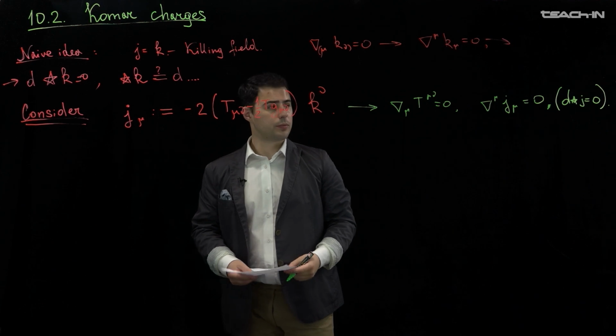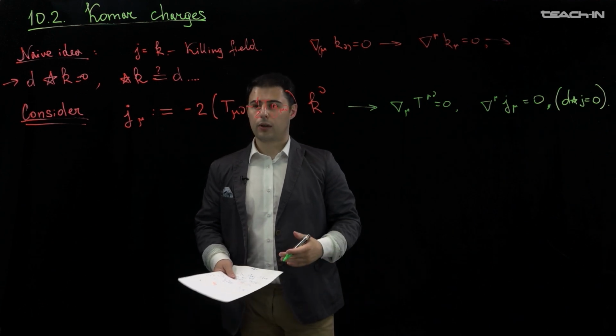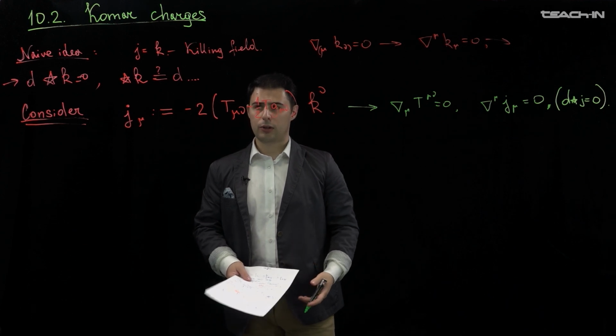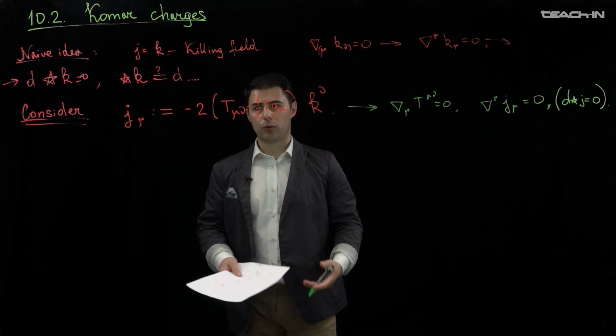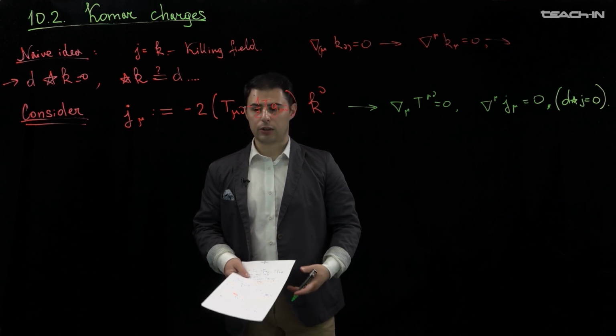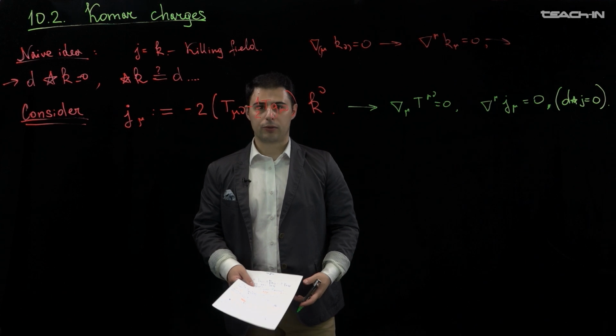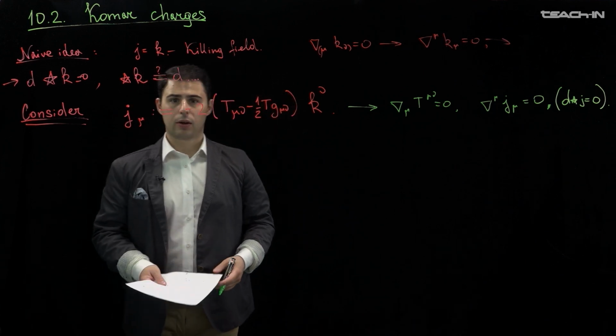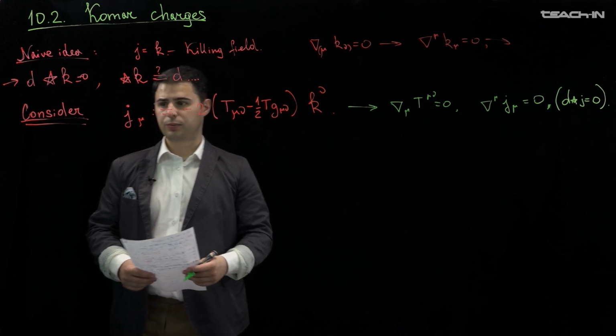Furthermore, we can show that the Hodge dual of this current is necessarily exact, and we can relate it to a geometric feature of the spacetime, at least on the Einstein equations.